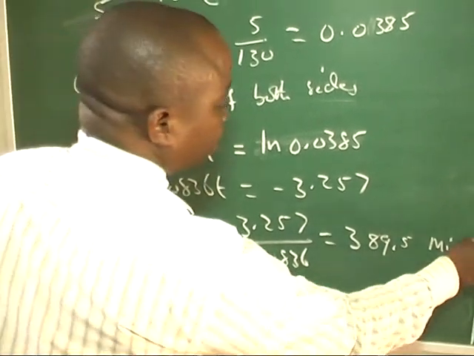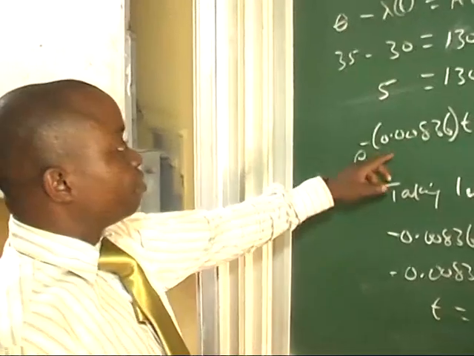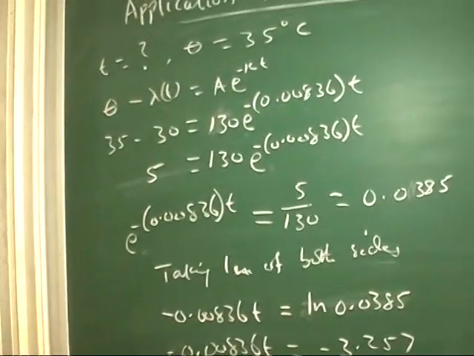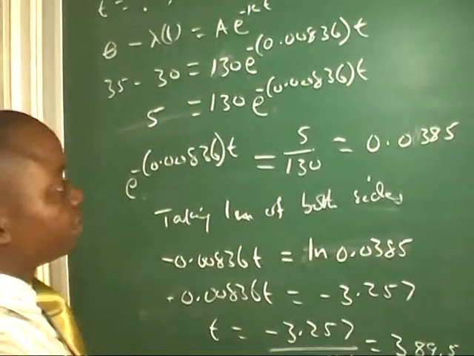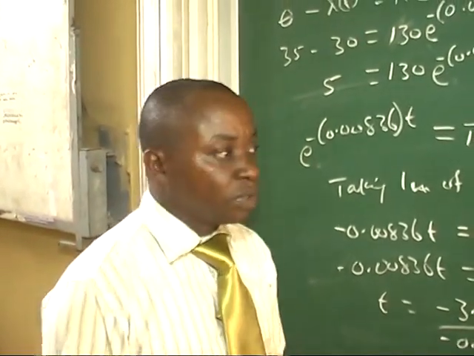So that is T. That is the time that the temperature will fall to 35 degrees Celsius. So this is how it is done. It's very simple to follow.